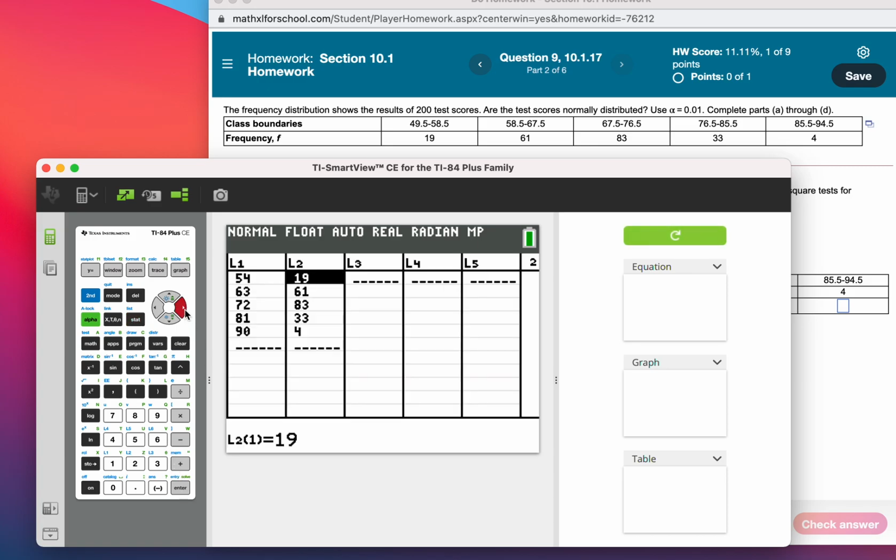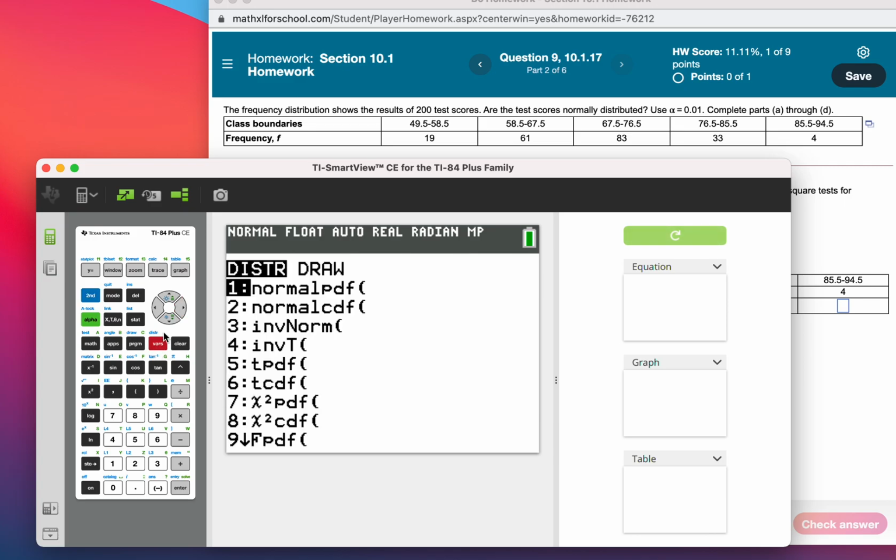I go back into edit. In L3, so now I want to figure out how much I should expect here. So to get that number, you know, pause the video here, see if you can figure it out. Okay, but if not, here we go. So go vars, it'd be normal CDF.